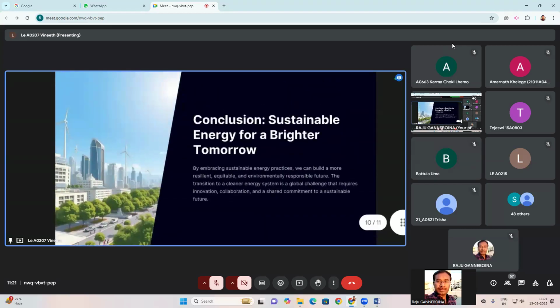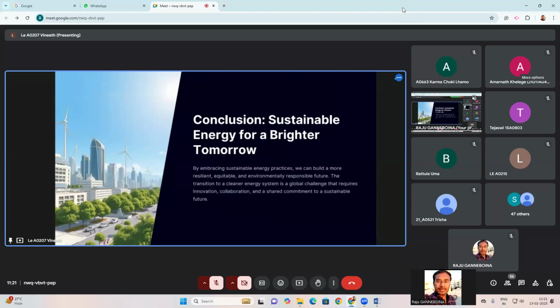So, conclusion: by embracing sustainable energy practices, we can build a more resilient, equitable and environmentally responsible future. The transition to cleaner energy systems is a global challenge that requires innovation, collaboration and shared commitment to a sustainable future. As we know, the main focus of any energy sector today is to transition from conventional energy sources to non-conventional energy sources because of the advantages associated with renewable sources of energy.